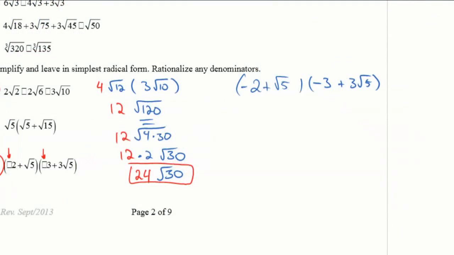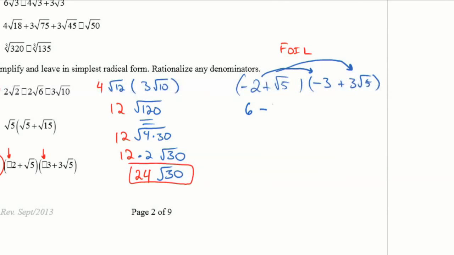All right, so this is a FOIL scenario where we have two terms in each. So we need to go first times first, second times second, insides, and then last. So the first thing I'm going to do here is go the negative 2 times the negative 3, and then the negative 2 times that. So I'm going to get positive 6.